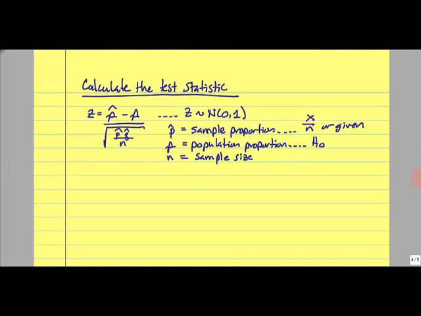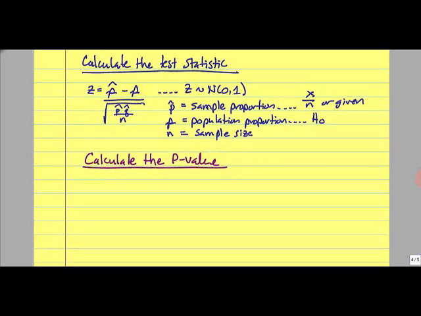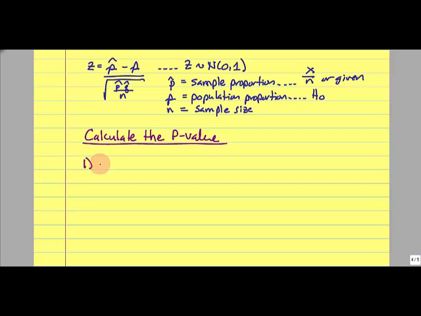If I'm using the p-value approach, the next thing I'll do is calculate the p-value. There are two things I need to know to calculate the p-value. First, is this a two-tail, a left tail, or a right tail test?